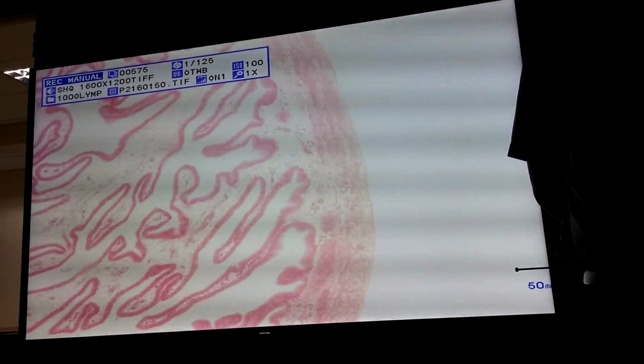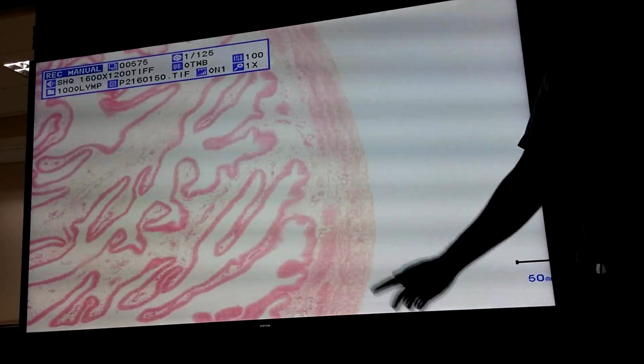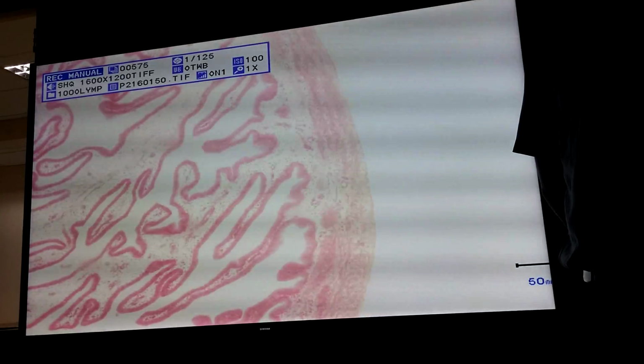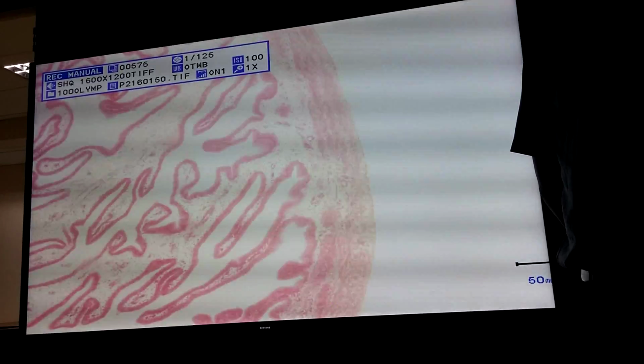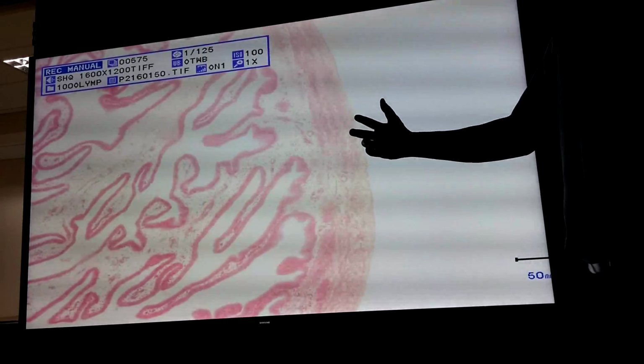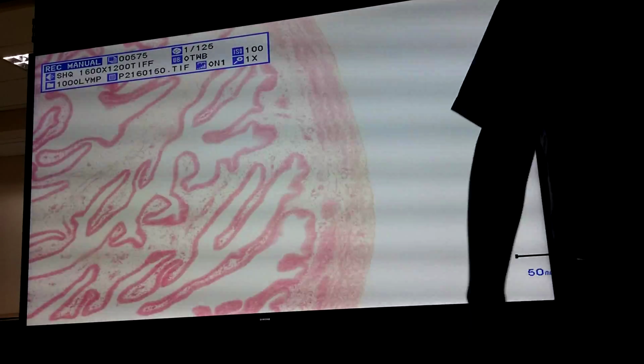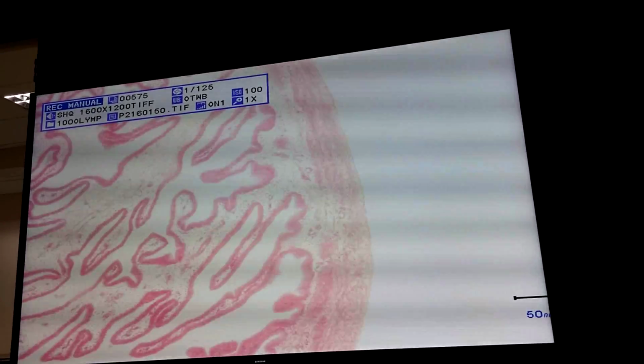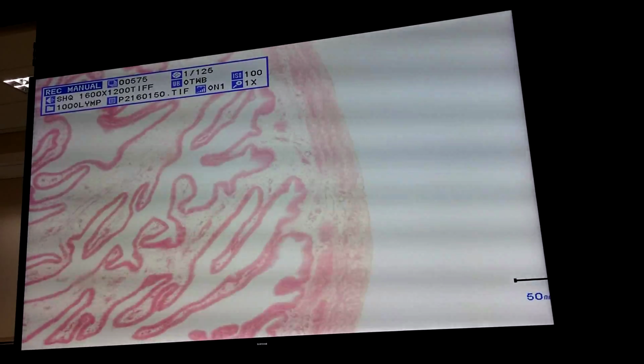Mayroong inner circular, outer longitudinal. How about in the muscular layer of the fallopian tube? Is there a pattern of arrangement? So kindly read on that. And then the outermost layer is called the serosa. So those are the structures that you need to identify for the histology of the fallopian tube.